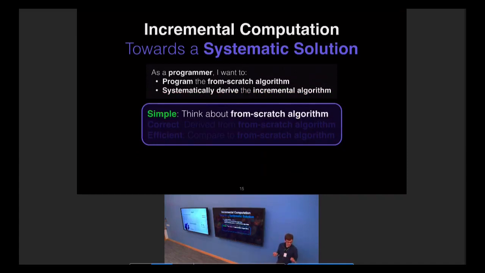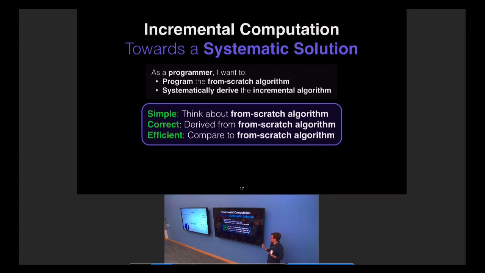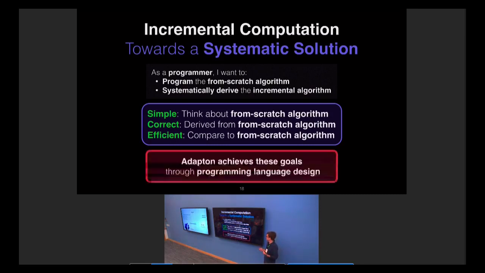So it's simple because I get to think about, as the programmer, the from-scratch algorithm, not a per-change algorithm. It's correct in the sense that if the change propagation mechanism is proven correct, then by writing the from-scratch algorithm correctly, I get the right change propagation behavior. And finally, I have a notion of efficiency because I can always compare against some super optimized, really fast from-scratch algorithm and determine how good my change propagation mechanism is.